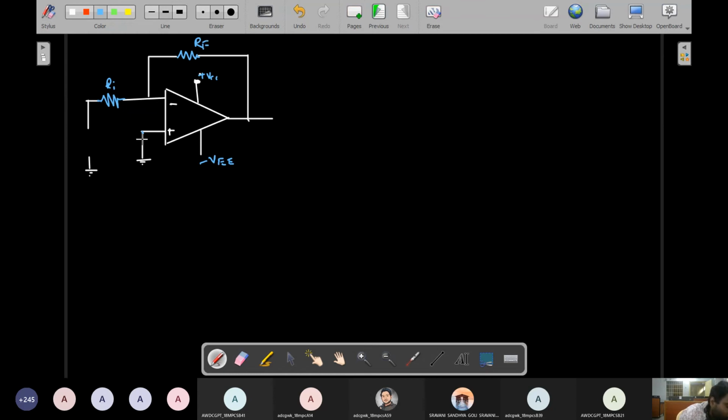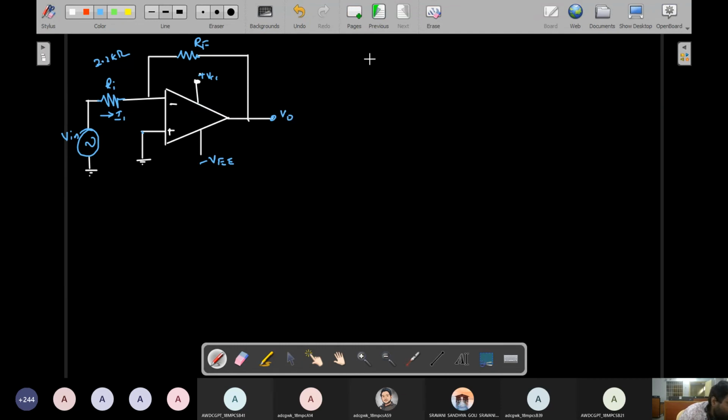See, the input resistance I am given is 2.2 kilo ohms. So this is a power supply V, and this is the current I1. This is positive, negative, and this is the output voltage.